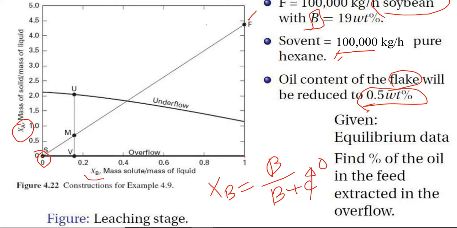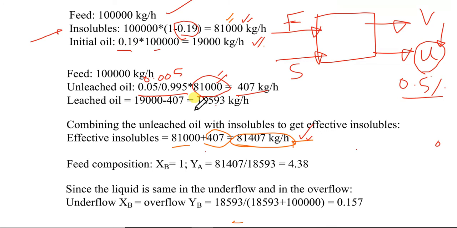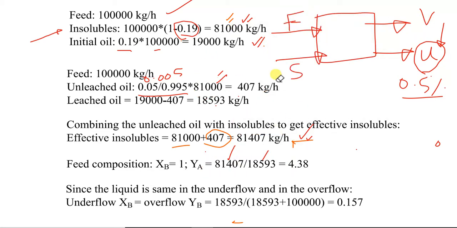So C is 0, and XB will always be 1. Then what about XA or YA? You can see the feed composition. So now YA is the solid by liquid. So total solid is how much?